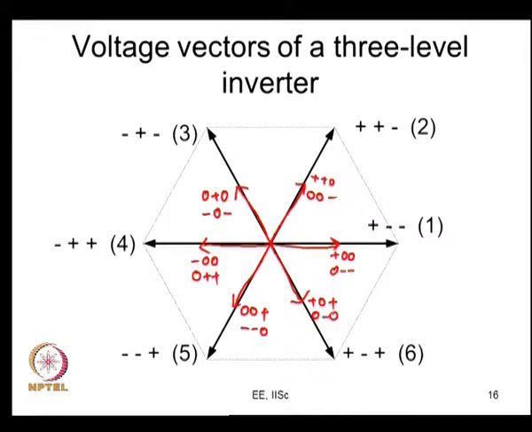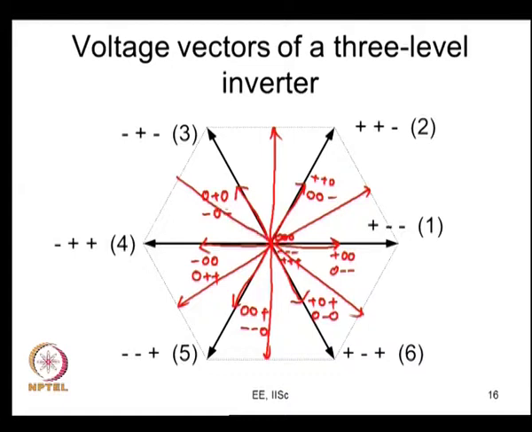So, if you know the voltage vectors corresponding to a 2 level inverter, extending it to a 3 level inverter is quite easy. So, this is all that you have, and 0 0 0, minus minus minus, plus plus plus, they produce the null vector. So, the only other vectors which are a speciality of the 3 level inverter are here. These are the other vectors.